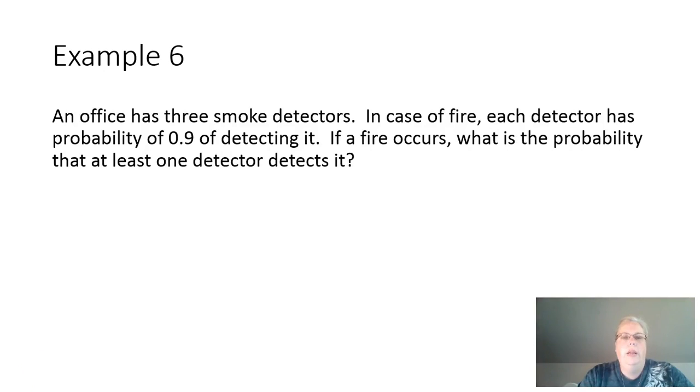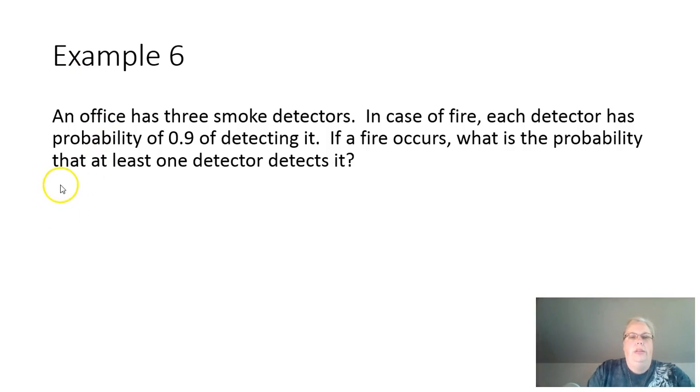Example 6. An office has 3 smoke detectors. In case of fire, each detector has a probability of 0.9 of detecting it. If a fire occurs, what is the probability that at least one detector detects it?